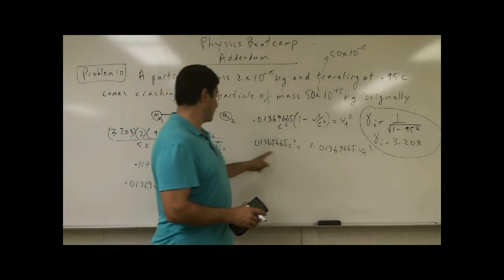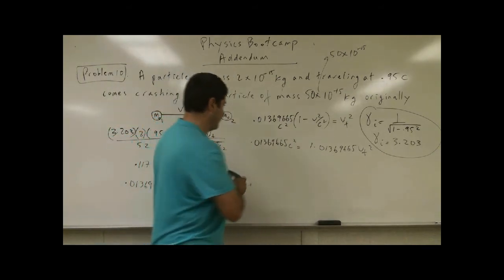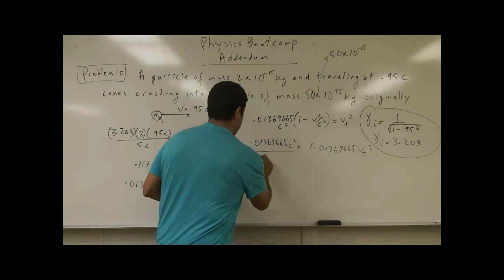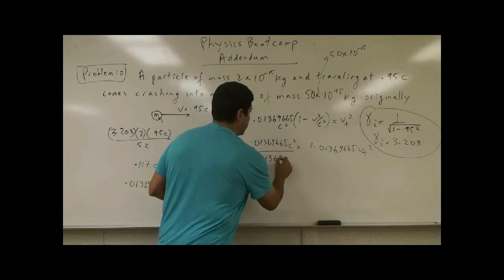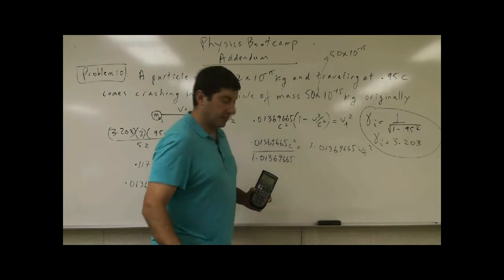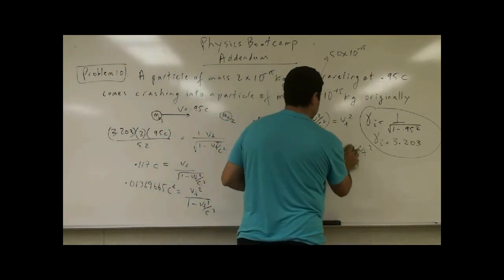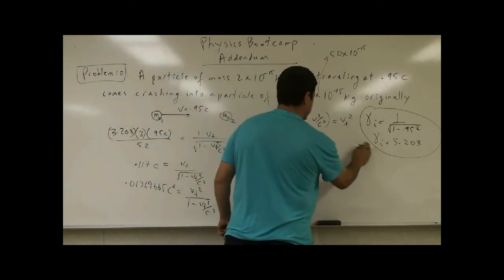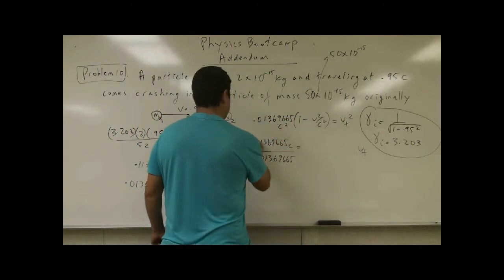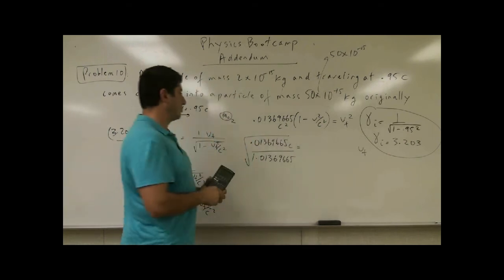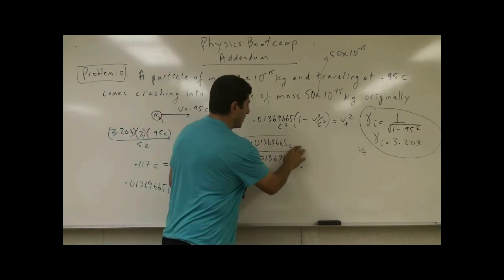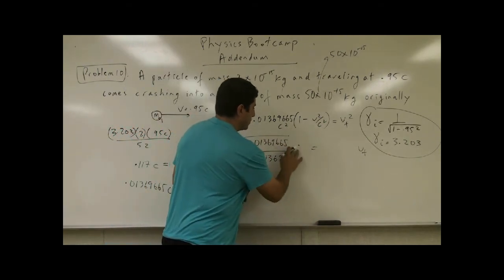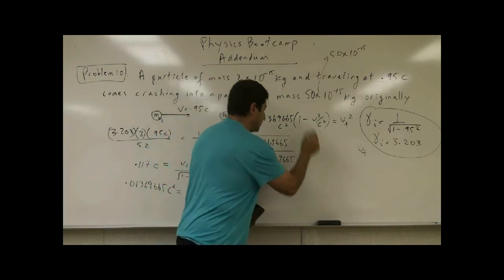Then I'll take this and divide it into here, 1.01369665, and then this will disappear, and then I'll square root both sides. So square root this, square root this, square root this number. Since I had c squared, when I square root c squared, I'll get c.